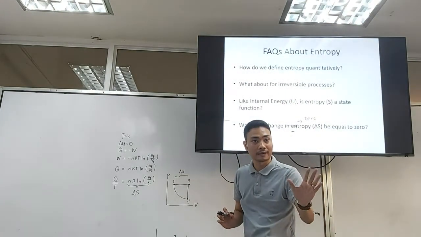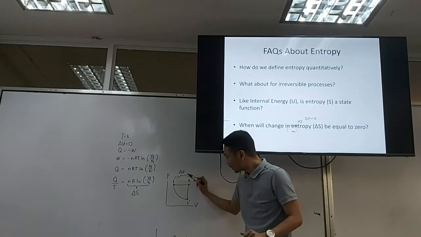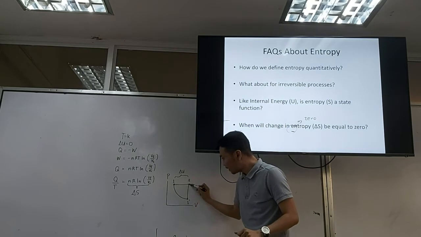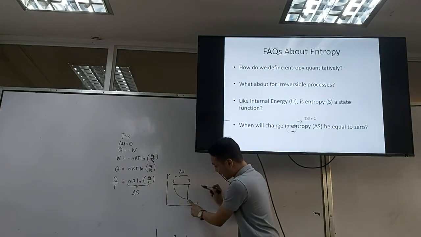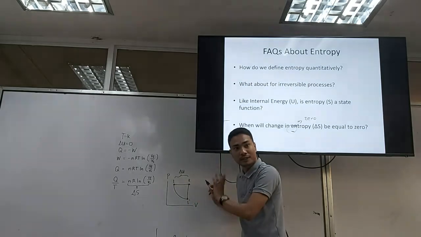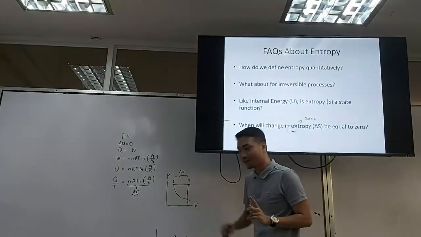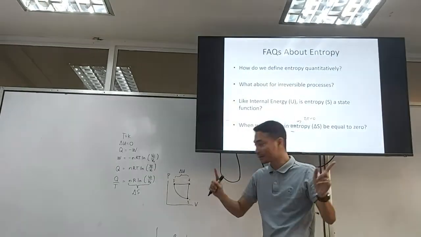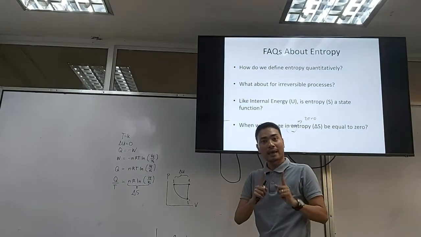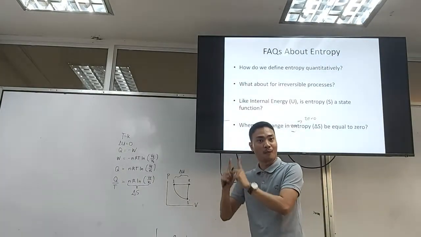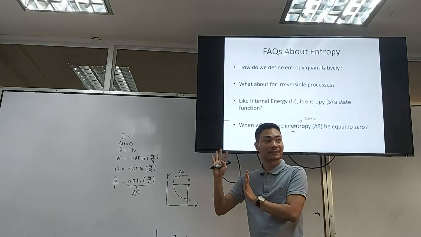Do you understand? So if I'm going to ask you, ang delta U ba dito sa isobaric tsaka yung delta U dun sa 1, 1 prime, and 1 prime to 2, same lang? Yes. Same lang yung initial and final, di ba? Delta U sa 1, 2, at delta U sa 1 and 1 prime, plus 1 prime and 2, same lang.